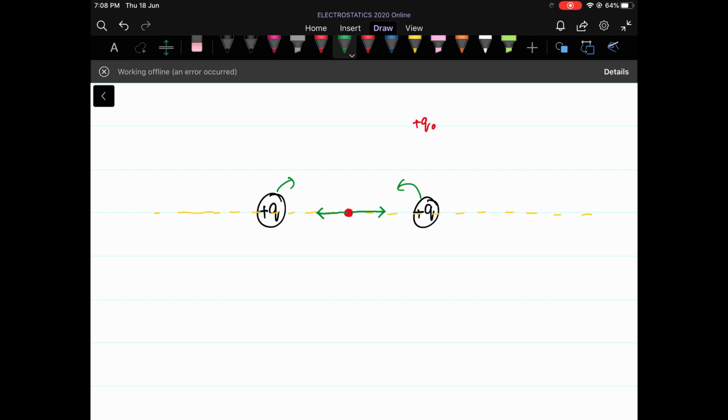Both these source charges do not want to pull this test charge towards them, but they want to push this test charge away from them. As a result, the force on the test charge will be oppositely directed from both the source charges. Now since this point is located exactly in the middle, this force and this force applied by this charge and this charge will be equal in magnitude, but they are opposite in direction.